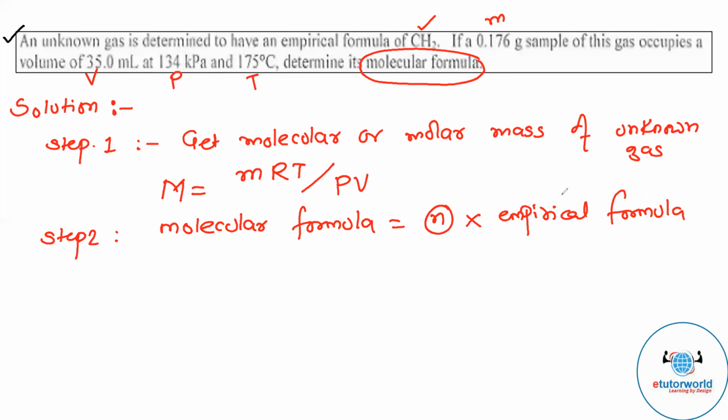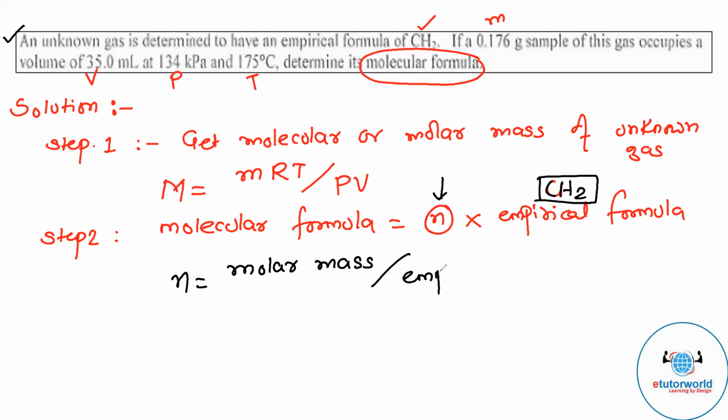That is given; I will write with another color. It's CH2. But now you might be asking, sir, how to get this n? It's very easy. n is nothing but molar mass by empirical formula mass.